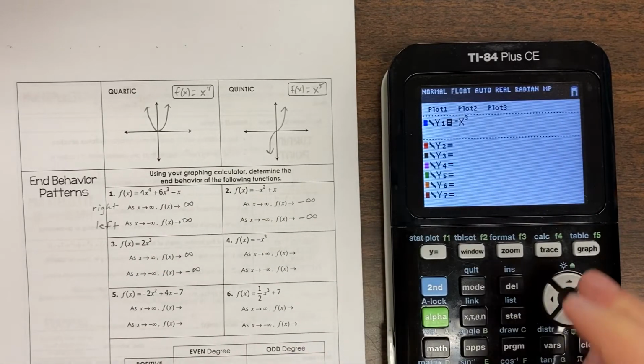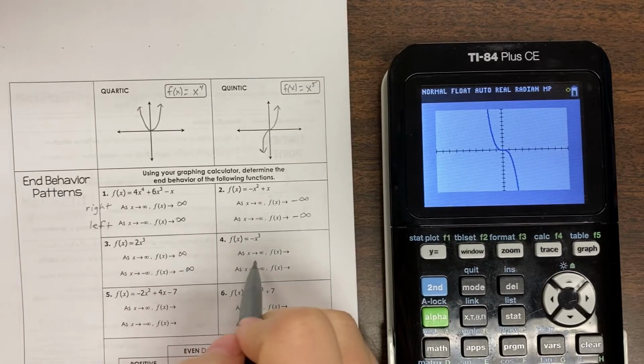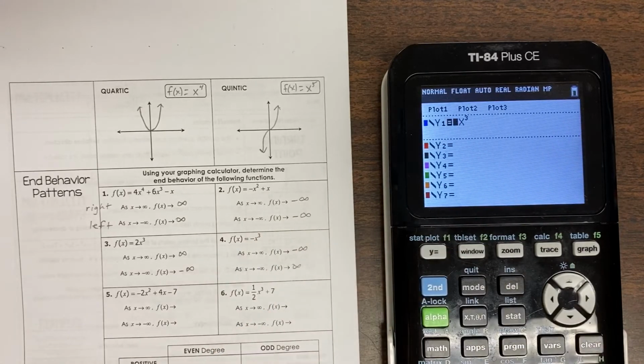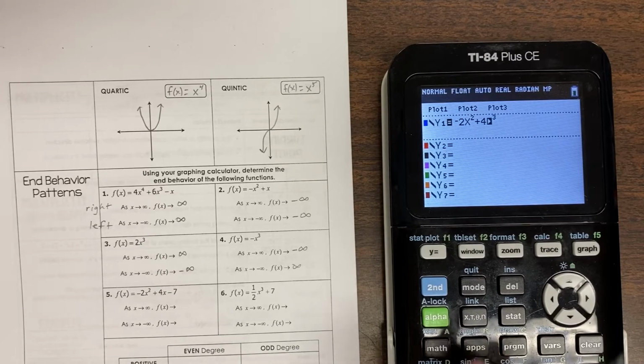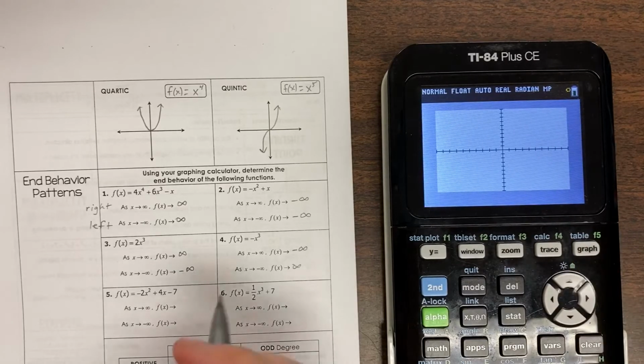Okay, negative x cubed. My left tail goes up, my right tail goes down. All right, next one, negative 2x squared plus 4x minus 7. Both tails point down, so both are going down to negative infinity.